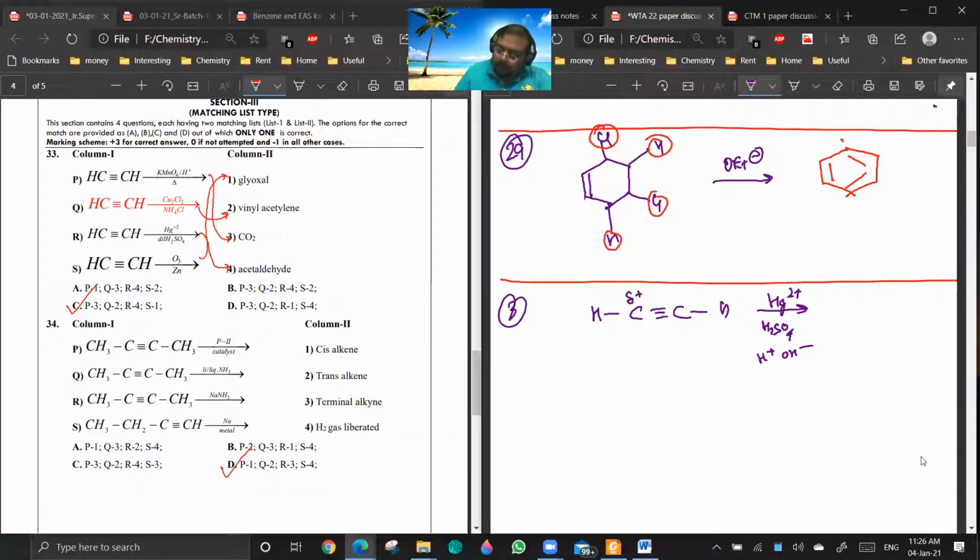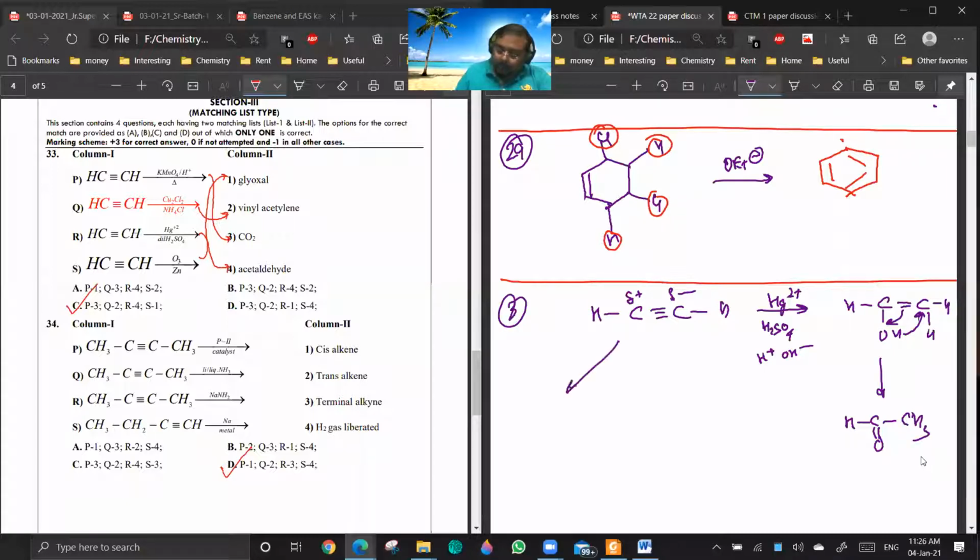Let us say that this is delta plus and this is delta minus. This is an enol, so it will convert into keto. So you're getting HC double bond O, CH3. So it is acetaldehyde. Is it clear?